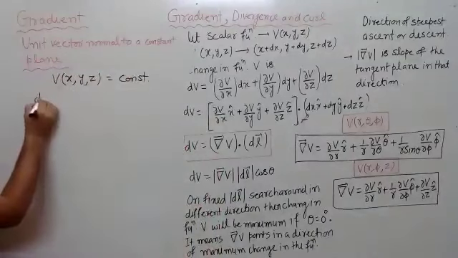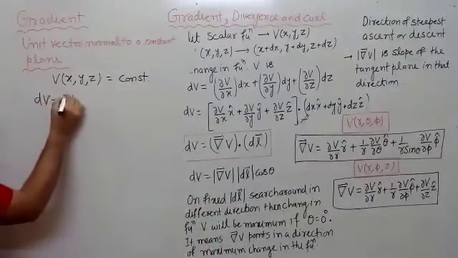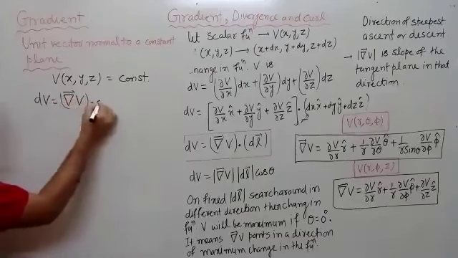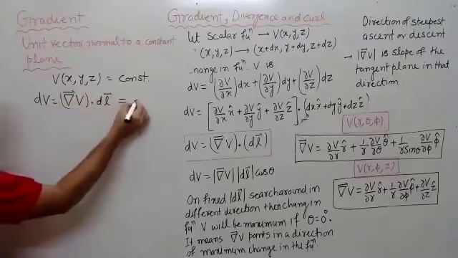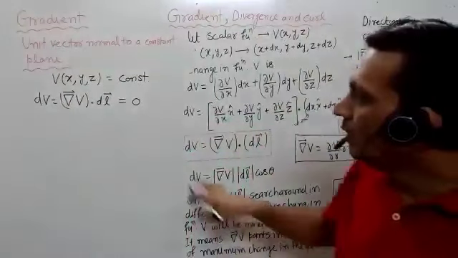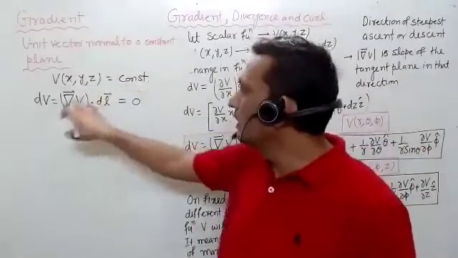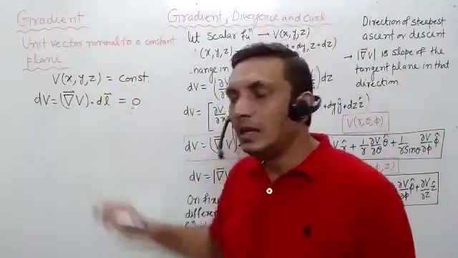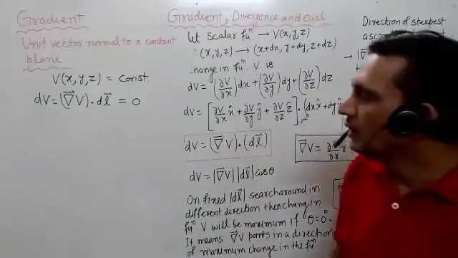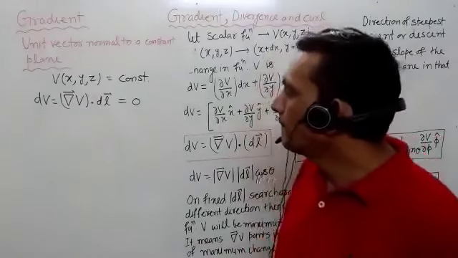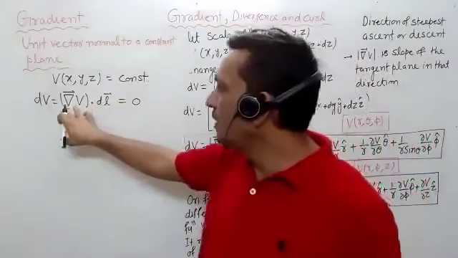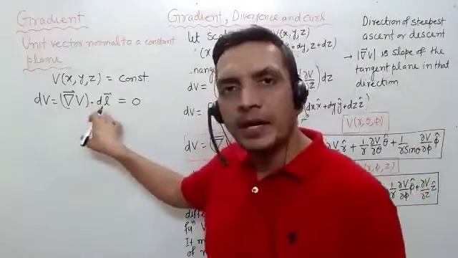So in this case, what will be dV? dV is gradient V dot dl. This will be 0. You can see if V(x, y, z) is constant, so dV will be 0, and dV I have written as gradient V dot dl. Now dl is on the plane. So it means gradient V and dl are perpendicular.